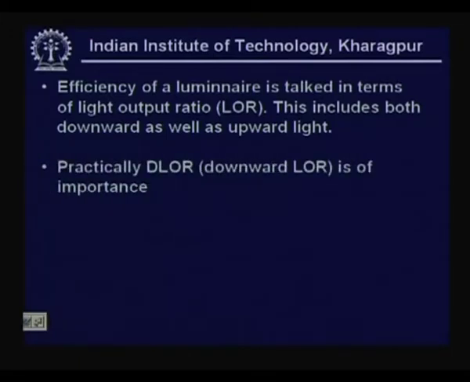Normally, the downward light output ratio is of importance because most lamps are mounted at a height and the task is at a table.